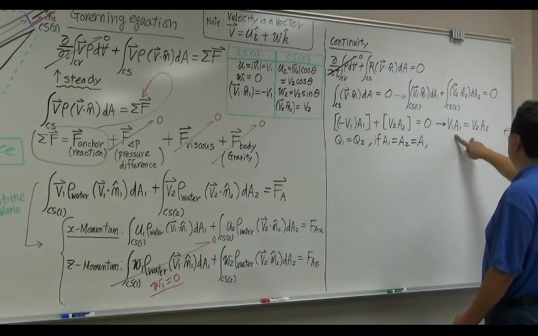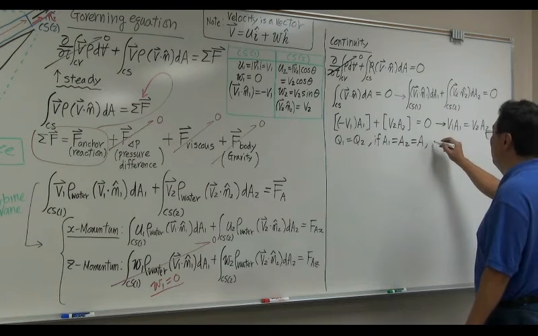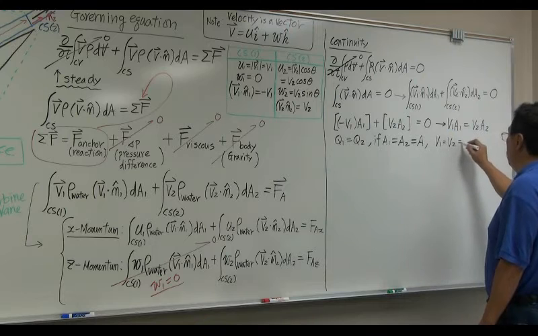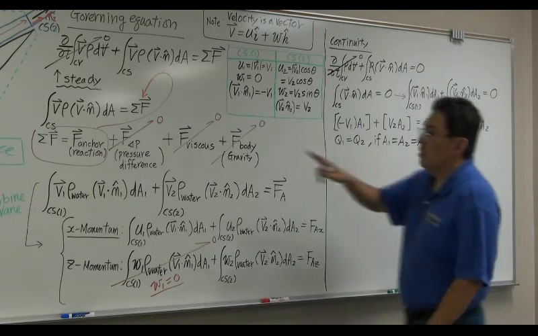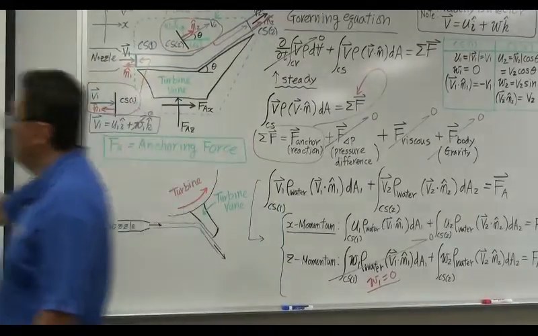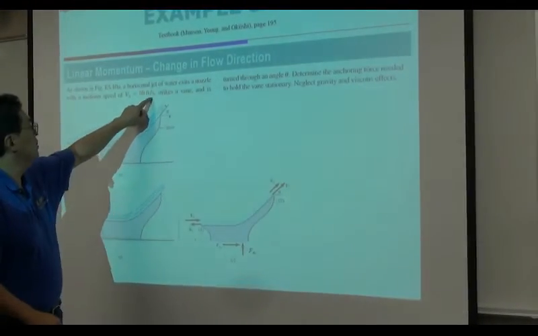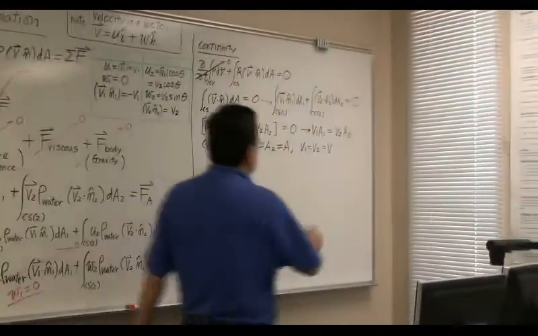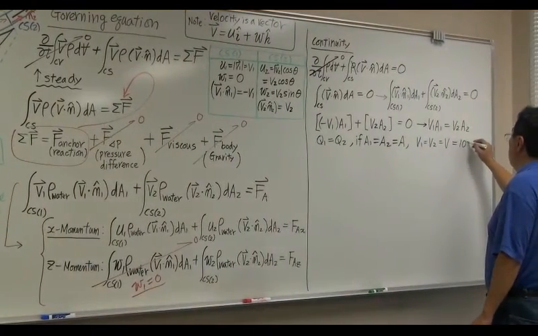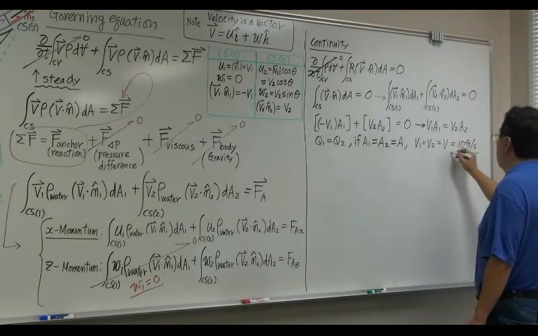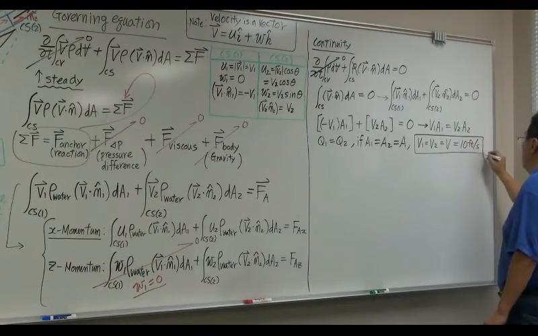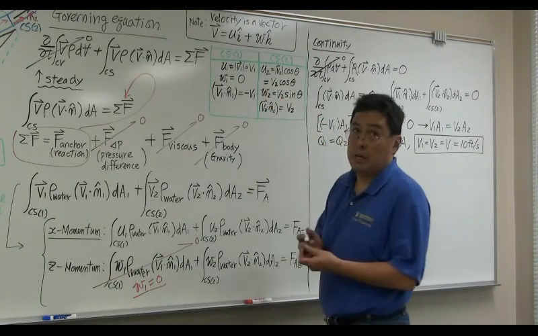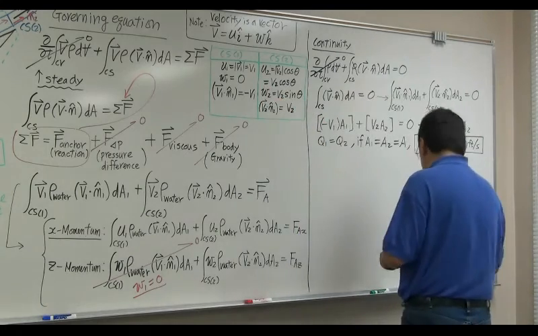That means B1 equals B2 equals B. The magnitude of B1 we know is 10 feet per second. So the magnitudes of B1 and B2 are the same, and both are 10 feet per second. That's nice.